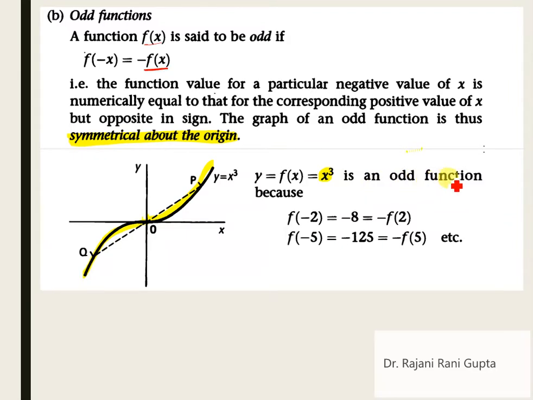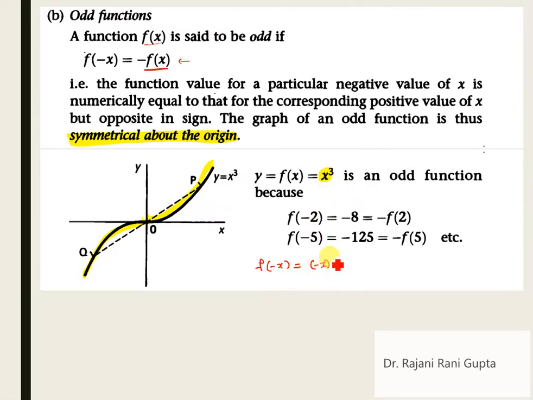How do we prove that it is an odd function by using this relation? For one thing, we can select some specific values and prove that it is coming out negative. But in general, we start with f of minus x. Put it in here.